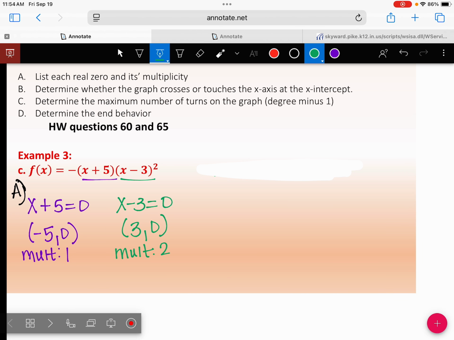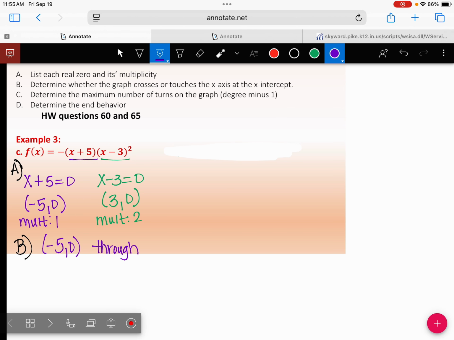So question B says, what is the graph going to do? So at the negative 5, because 1 is an odd number, it does go through the graph.